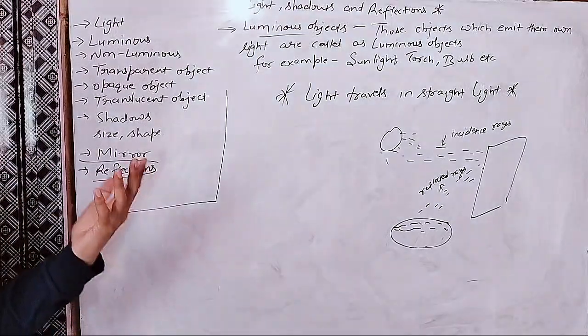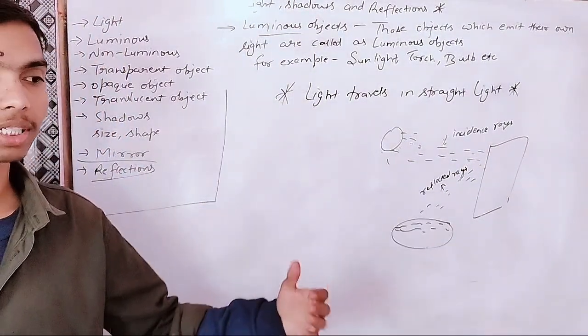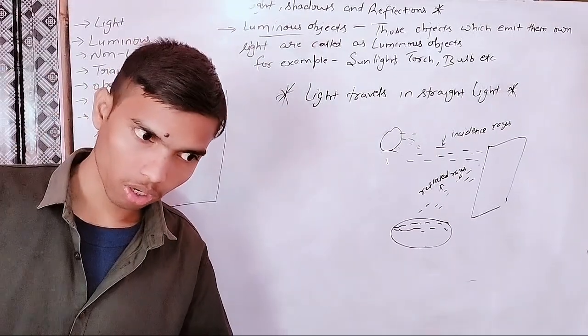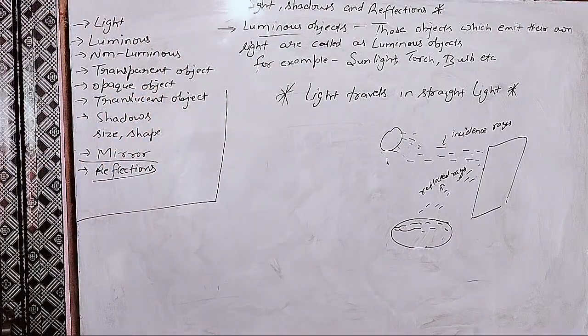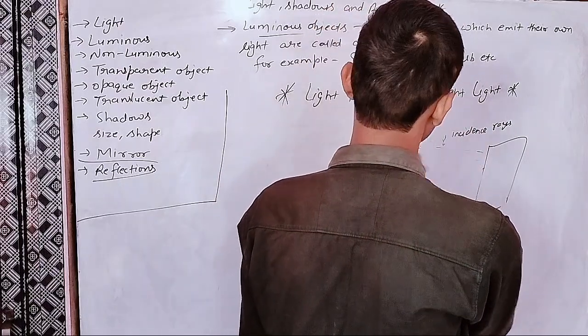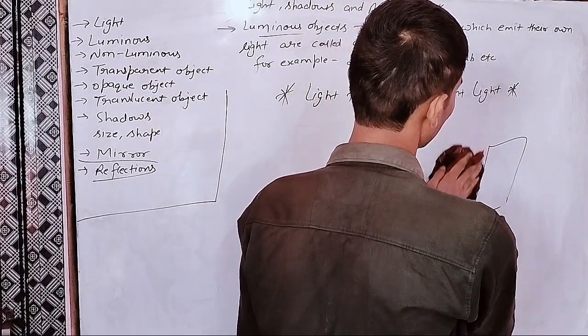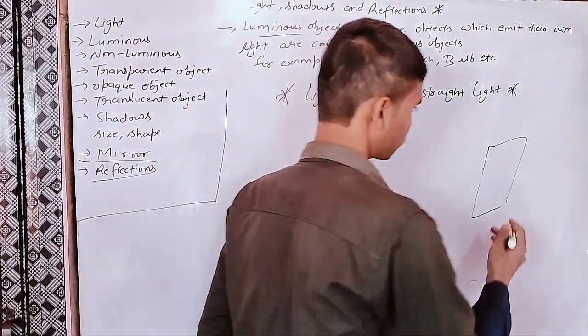In numericals, it will be very useful to identify which is the object and which is the image. Next thing. This is a plane mirror.